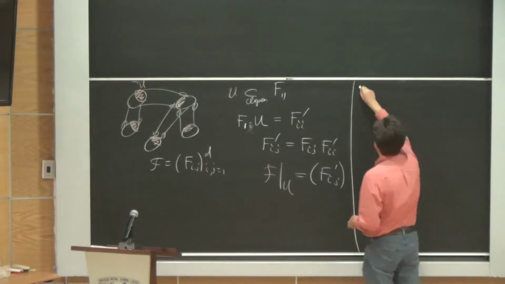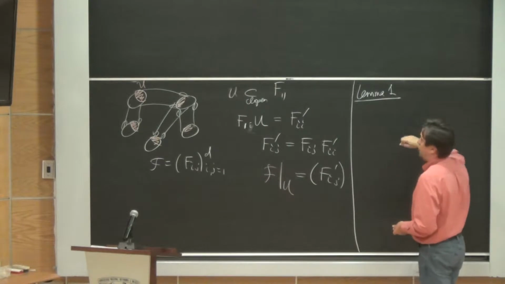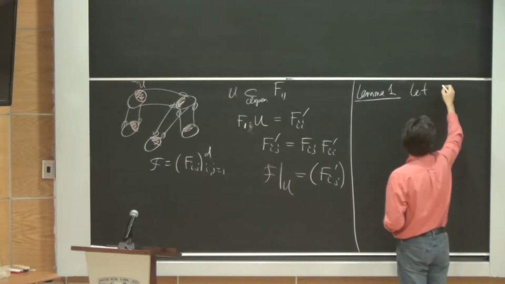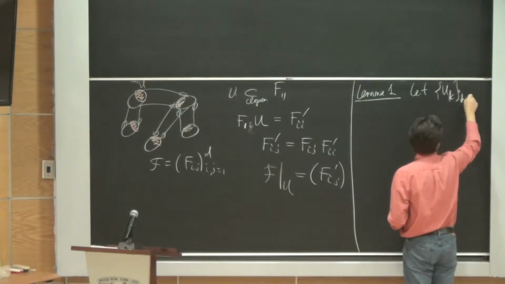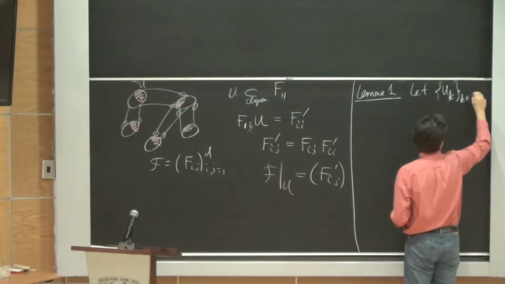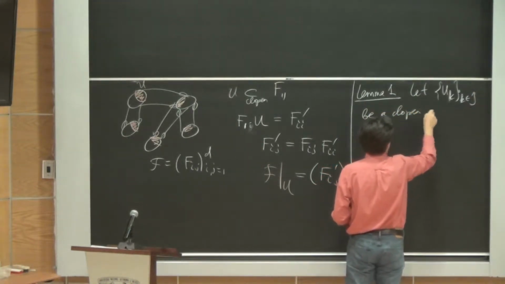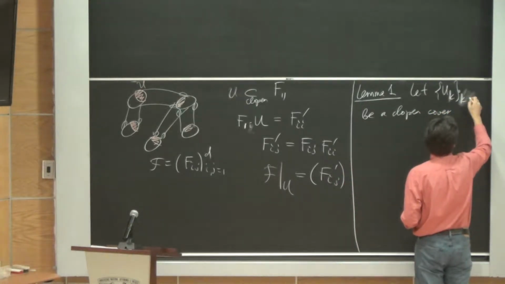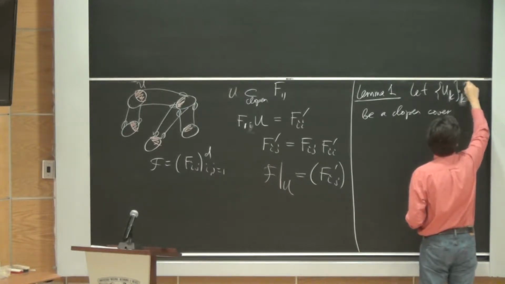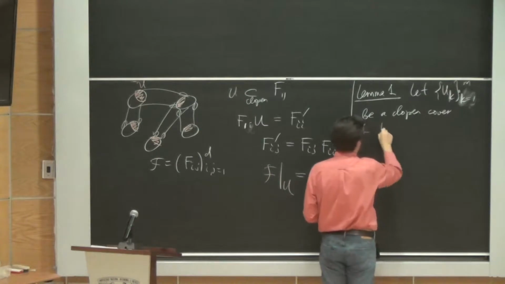Now, Lemma 1. Let U_1, ..., U_k, k in some set of indices I, be a clopen cover. Well, let's say finite covers only, it doesn't matter, from 1 to m, a clopen cover of, say, F_11.